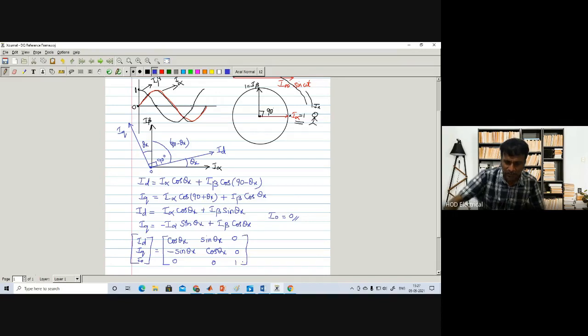Here I am saying that there is no contribution of I naught, so I naught is the same value on both sides, I naught equal to I naught. Then only can we make it a symmetrical matrix and convert everything in a suitable way.